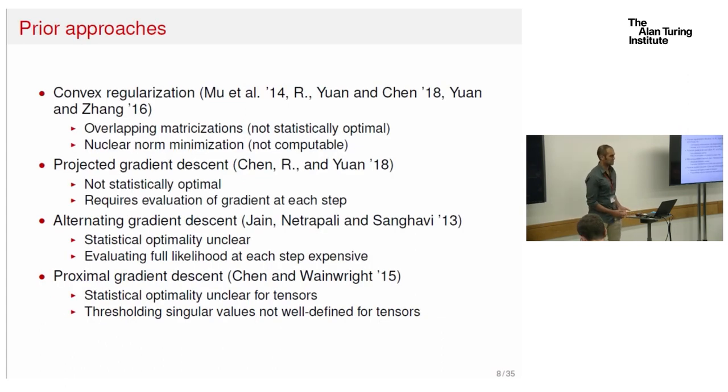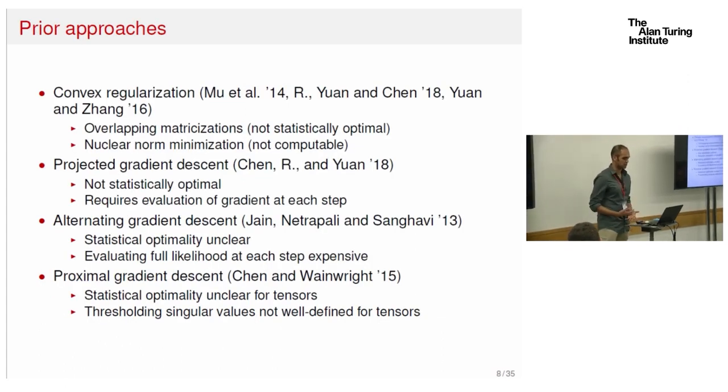Okay, so as you can imagine, there are a number of prior approaches to trying to estimate low-rank tensors, and they all seem to run into computational and statistical challenges. We've already heard a number of talks about regularization, so convex regularization approaches have certainly been tried.